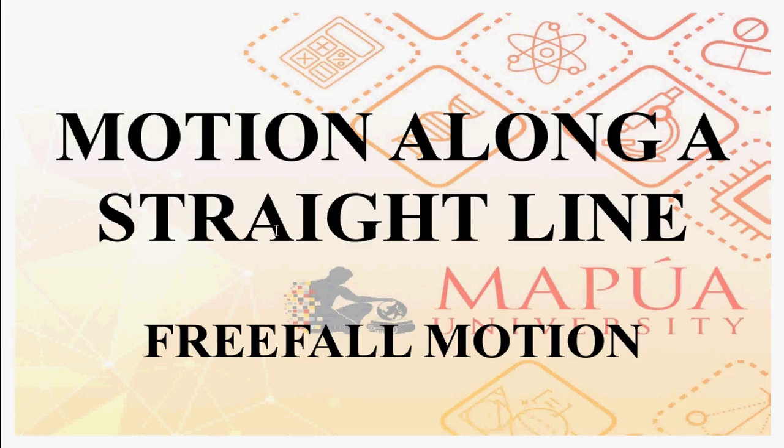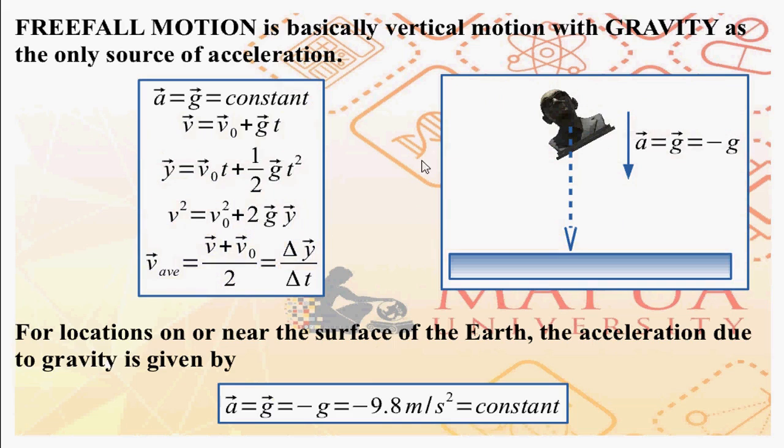So next we have freefall motion. Freefall motion is basically a continuation of the uniform acceleration discussion, in that the acceleration is constant at a non-zero value.